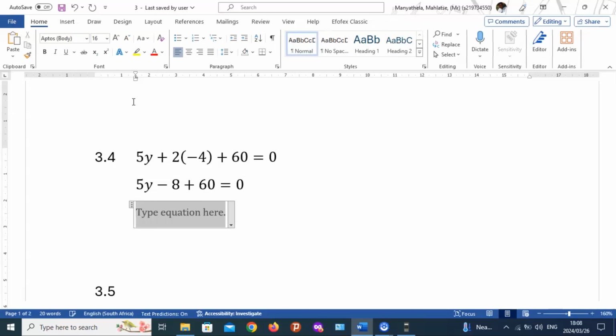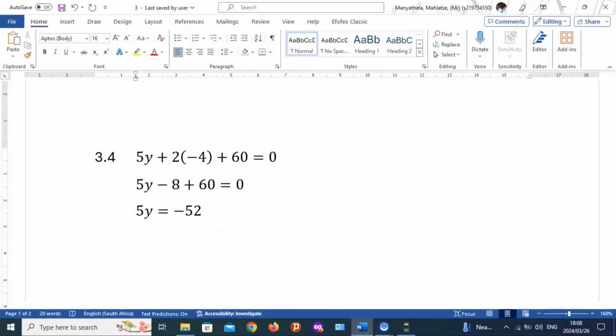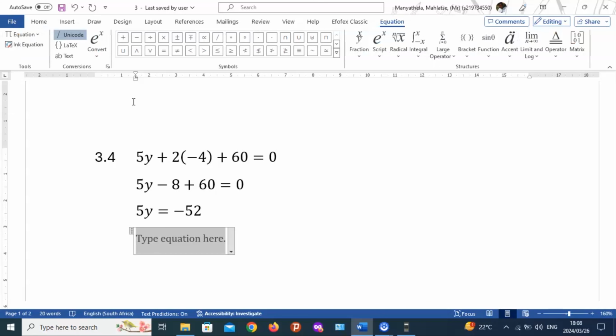So 5y, if we take 52 across, will be equal to -52. To find the value of y, we are going to divide both sides by 5. So y will be equal to -52 over 5.